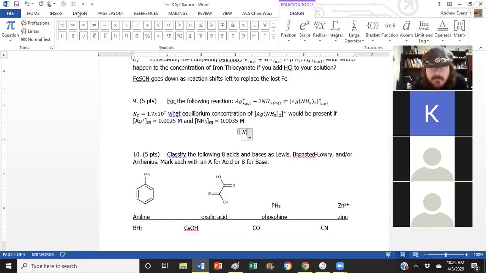If I have a K expression, we'll put these in parentheses: silver ammonia complex divided by silver plus times ammonia squared.